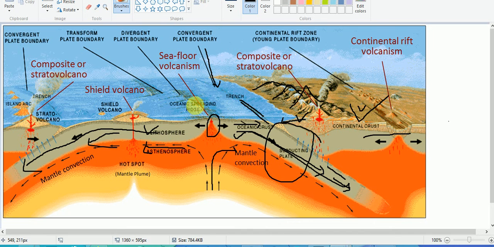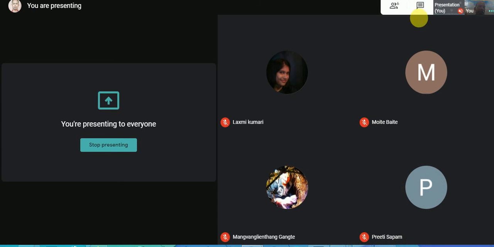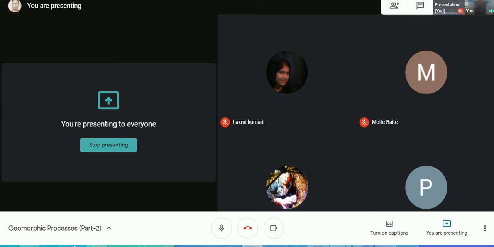And along this mid-oceanic ridge, this is known as a divergent boundary because two plates are moving away. Two oceanic plates are moving away, just see the arrow. So this is what we call plate tectonics.